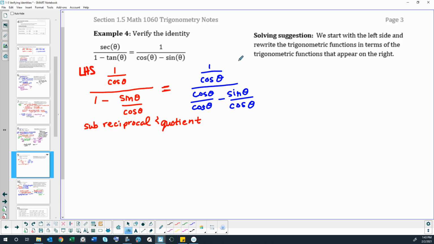So now we can combine those fractions together. So that is 1 over cosine theta. I've literally turned everything off on my computer except for Smart Notebook, and it is still having a really hard time. So 1 over cosine theta, so that's the numerator, and that is over cosine theta minus sine theta all over cosine theta.